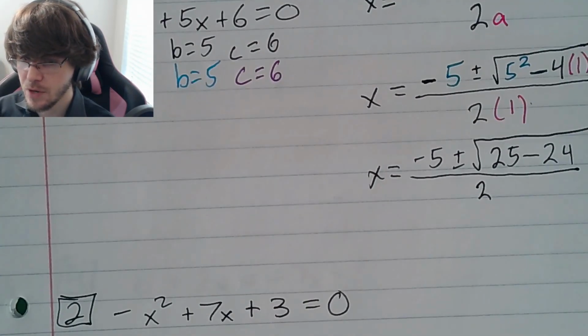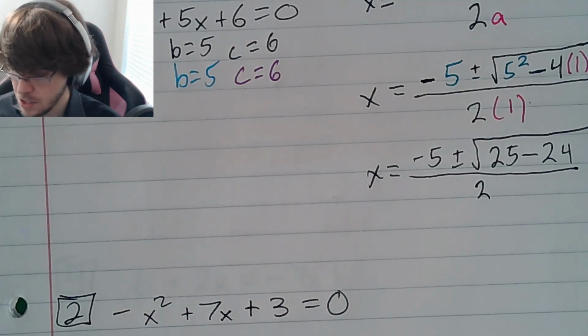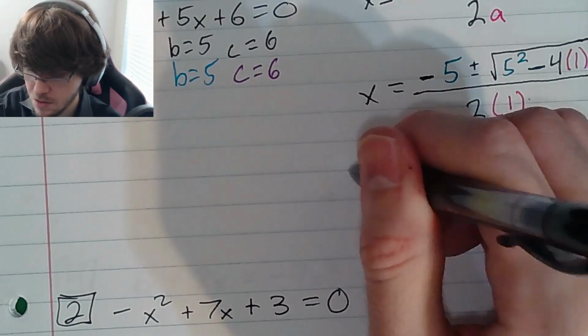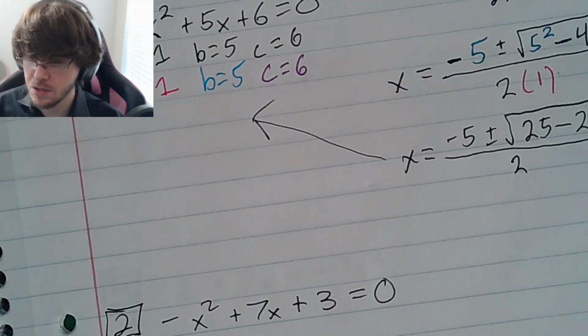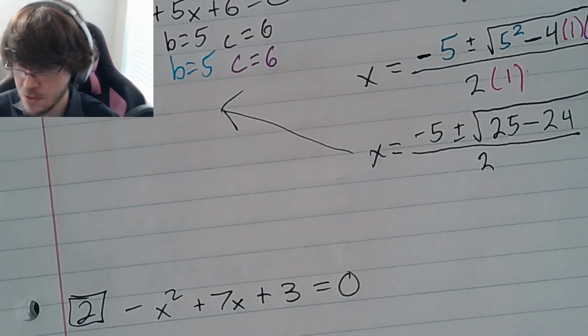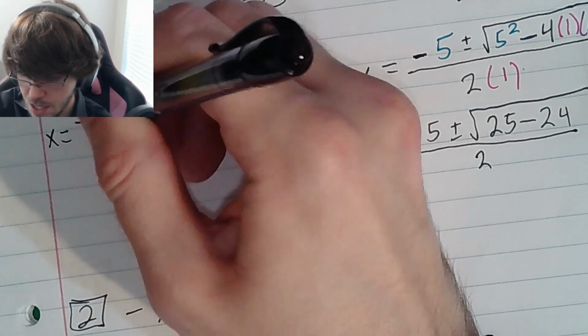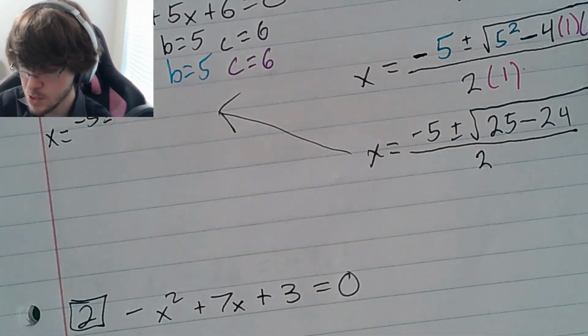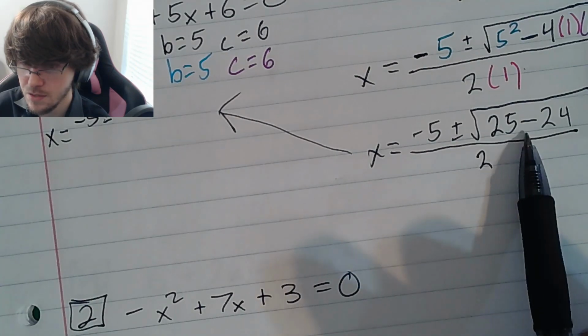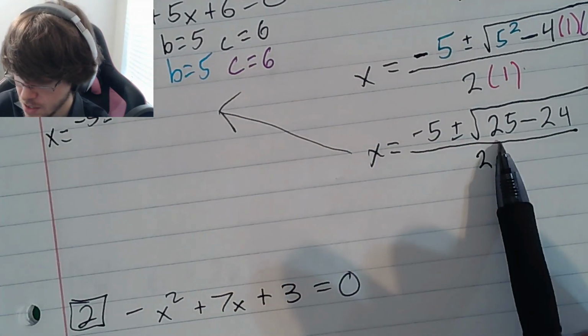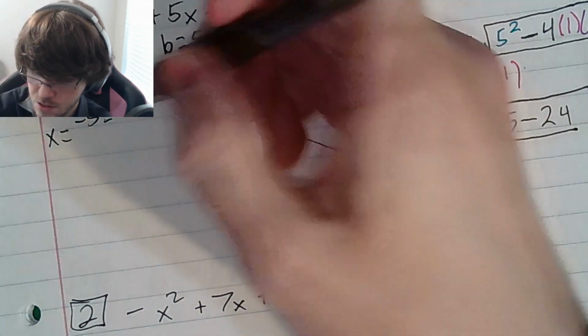I'm totally running out of room, and I've already written this next one down. Probably shouldn't have done that, so I'm kind of going to do bad math and go this way. I'm going up here. I apologize for that, but that kind of needs to happen. So we have x equals -5 plus or minus. Now a square root symbol acts like a parentheses. Because of that, we have to go ahead and subtract there first.